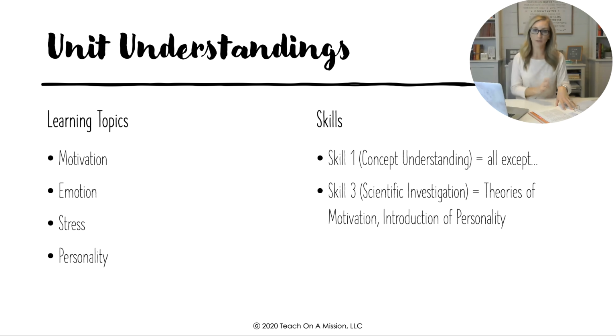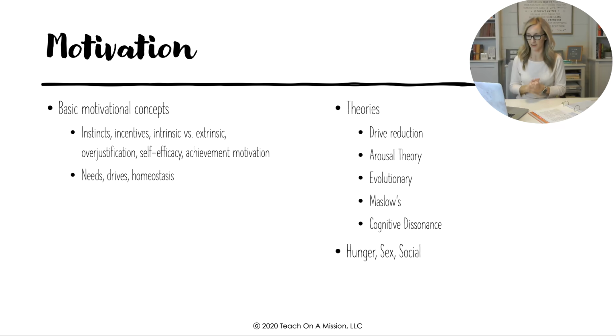But Skill 3, meaning being able to evaluate and analyze research studies in the areas of theories of motivation. So they're going to give you a study about theories of motivation, but also personality, okay? And we're going to cover the introduction of personality and how research methods are used in personality. So let's go ahead and get started.